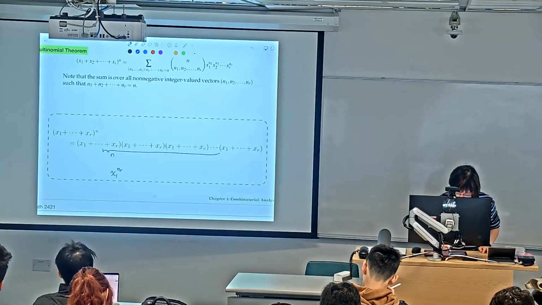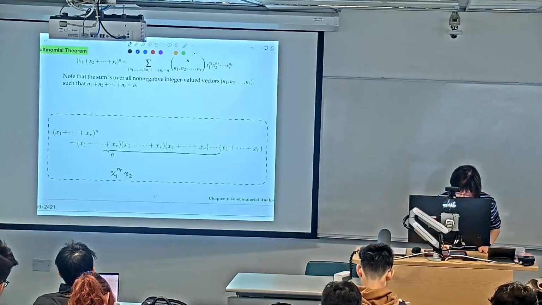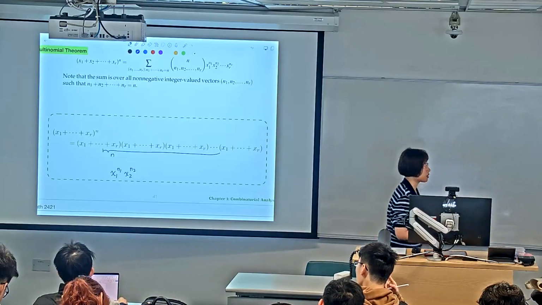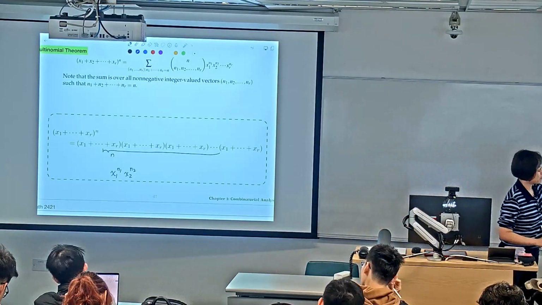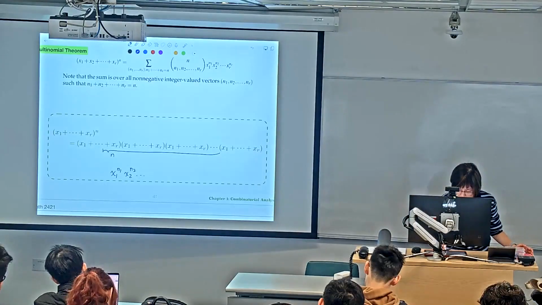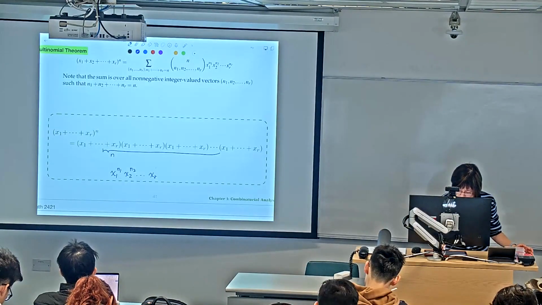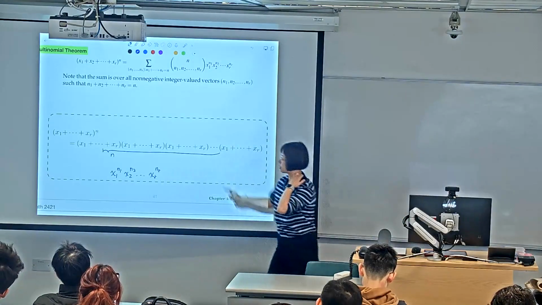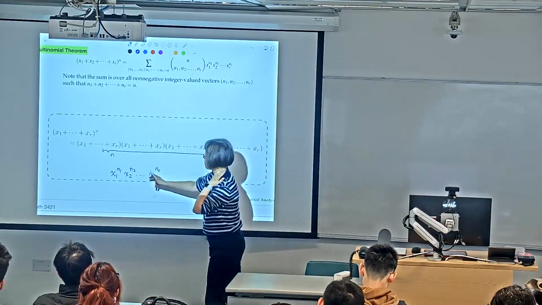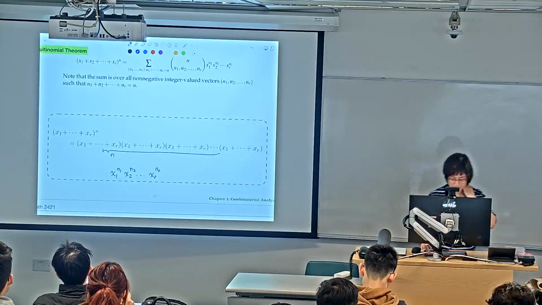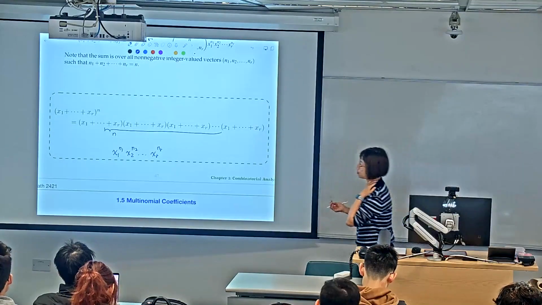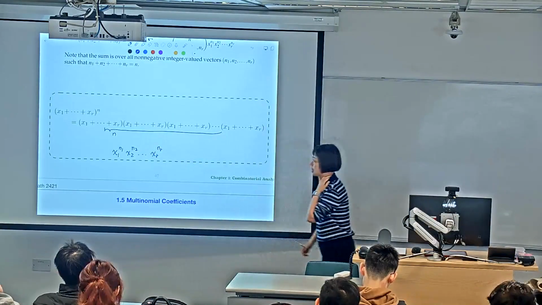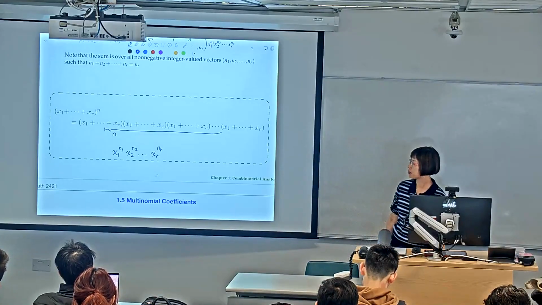We can have x2 to the power n2, this means that n2 of the brackets contribute x2, and then for xr, it has power nr, meaning that nr of the brackets contribute xr in the expansion. Of course, these ni's can be 0. So the number of ways of choosing n1 x1s, n2 x2s, up to nr xr's from the brackets is: we divide these n brackets into r groups.